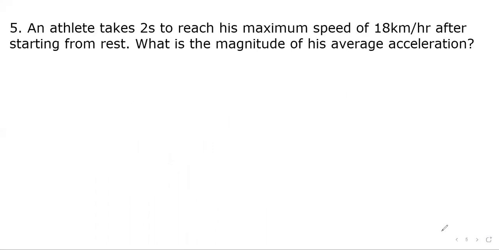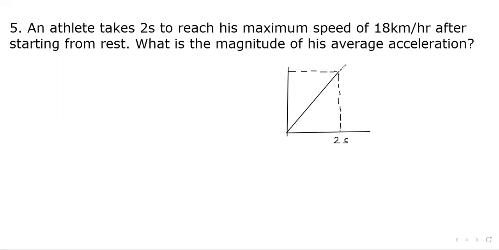Question number 5. An athlete takes 2 seconds to reach his maximum speed of 18 kilometers per hour after starting from rest. What is the magnitude of his acceleration? So here, starting from rest, time is 2 seconds.